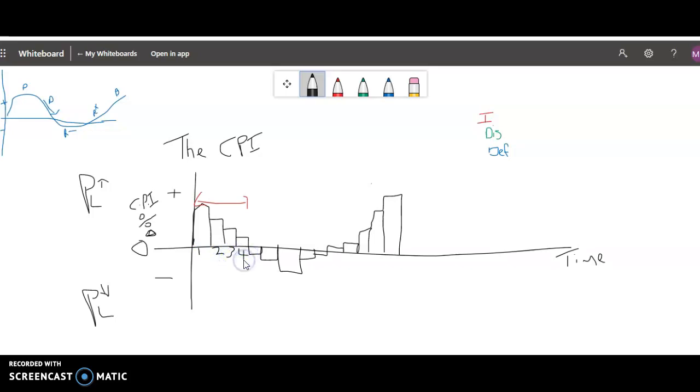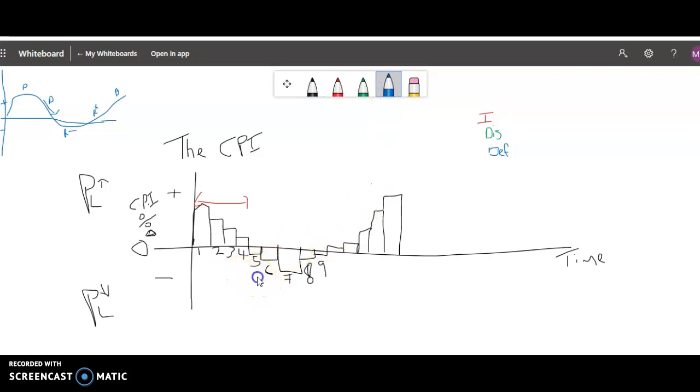Periods 1 to 4 is inflation. And then we have 5, 6, 7, maybe New Zealand right now, 8, and 9. For periods 5, 6, 7, 8, and 9, they're all below 0, which indicates that the price level is falling. So you have negative inflation, which means this is deflation.